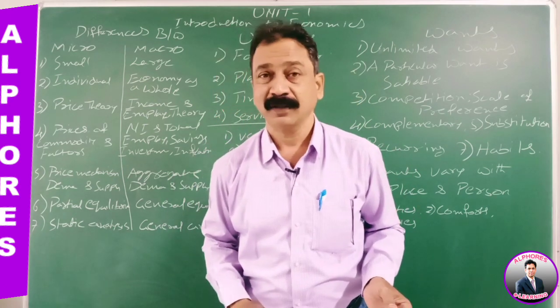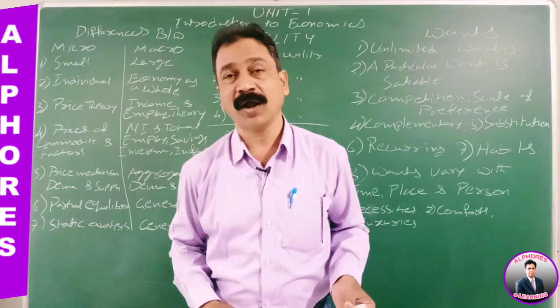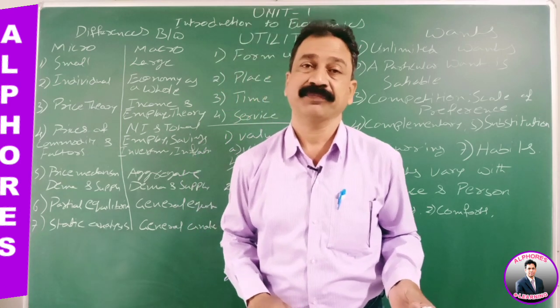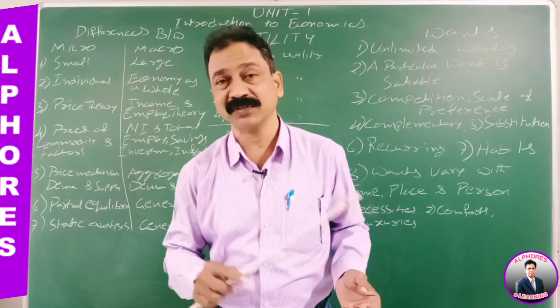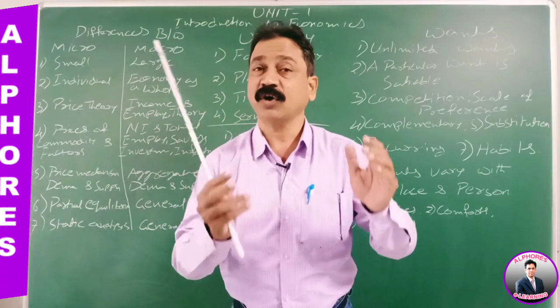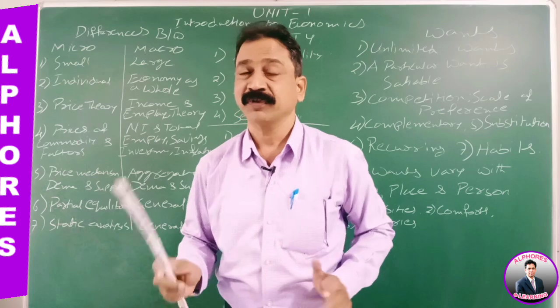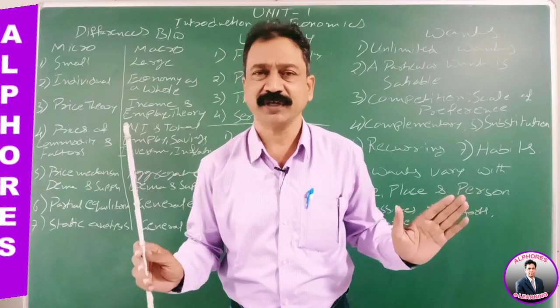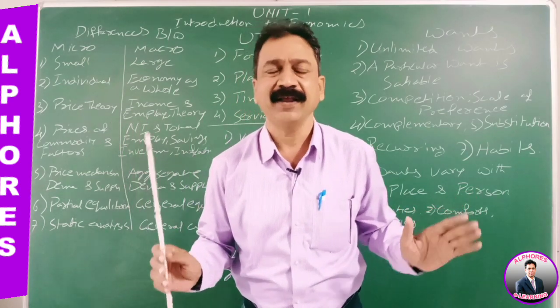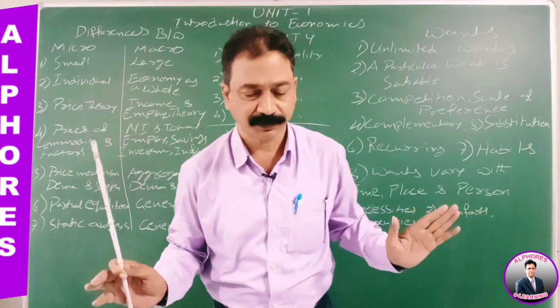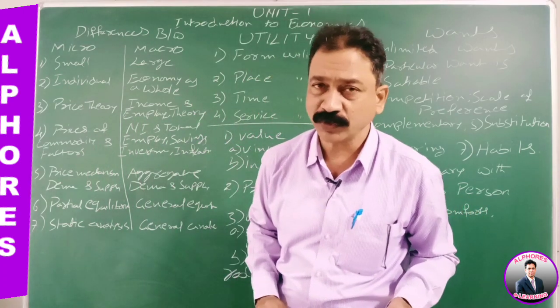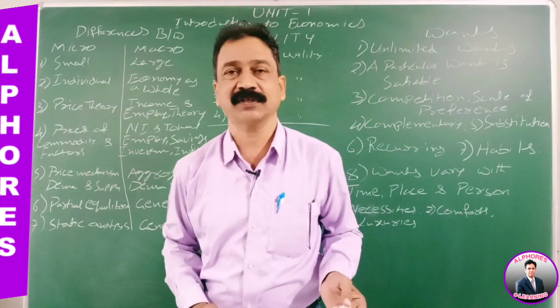We have seen the characteristics of micro and macro in detail, the importance of microeconomics and macroeconomics, and the topics which are covered under each. We had a detailed discussion about that. Today we are going to discuss the differences.